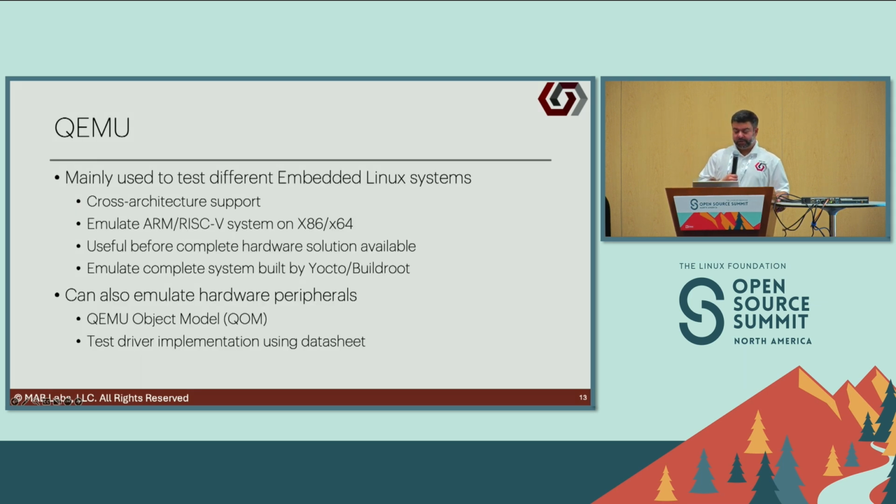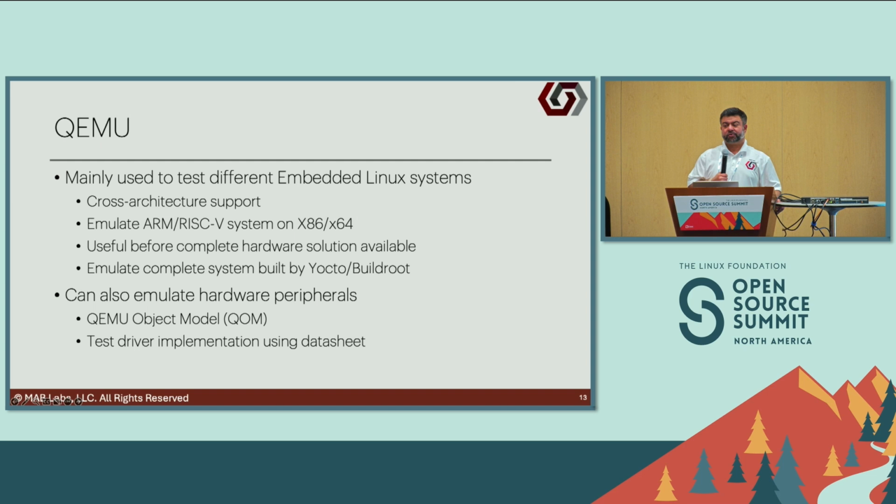So like I said, QEMU has been used primarily for embedded Linux systems, right? It has cross-architecture support. You can essentially emulate an ARM or RISC-V system on an x86 or 64-bit Intel or AMD-based system. And it's really valuable to be able to use before your complete hardware is available to you. Typically, if you're doing anything related to building Linux distributions, you don't necessarily have the hardware available to you.